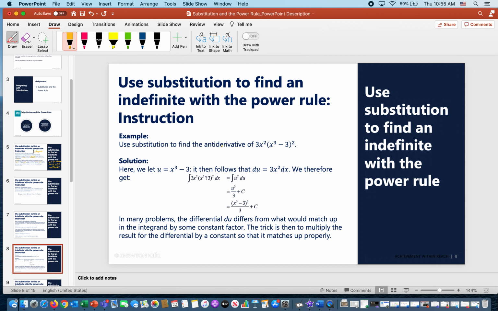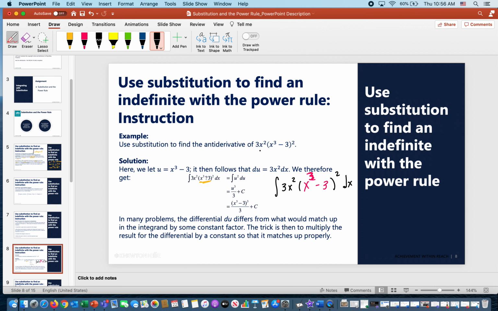So this says use substitution to find the antiderivative of this function. There's a text error in the PowerPoint, so let me draw this for you. It would be the integral of 3x squared times the quantity x cubed minus 3, and then out here we have dx.